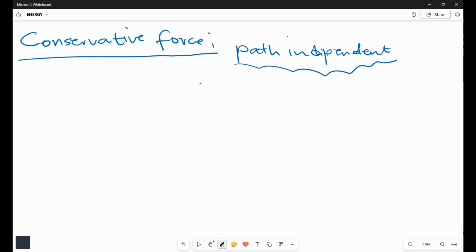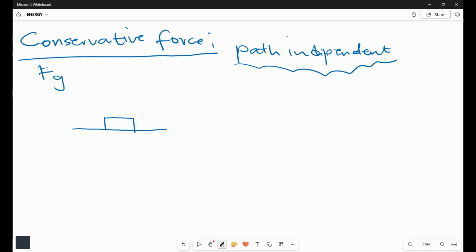Now let's prove why we are saying a gravitational force is an example of this conservative force. Now, let's say we are moving on this surface here, smooth surface.